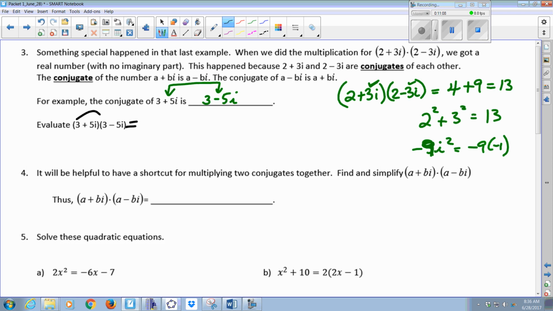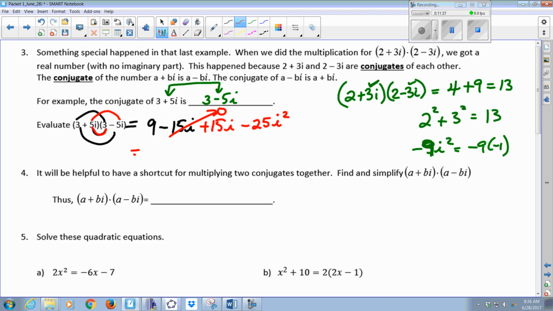So we're going to use our distributive property again. 3 times 3 is 9. 3 times negative 5i is negative 15i. Now let's move on to the 5i and distribute that. 5i times 3 is a plus 15i. Oh, great. Look, those become 0 because they're opposite. And then finally, we have 5i times negative 5i, which is minus 25i squared.